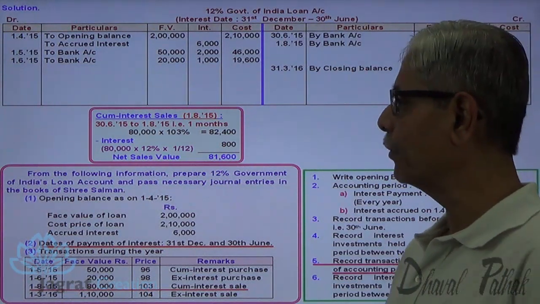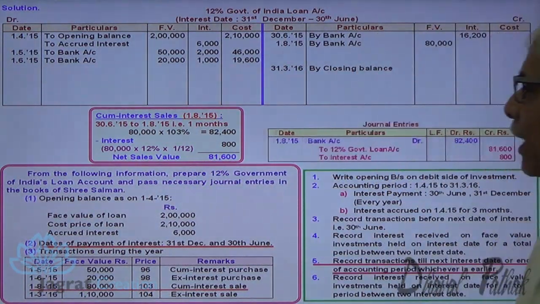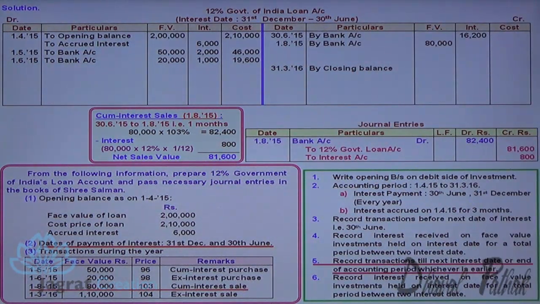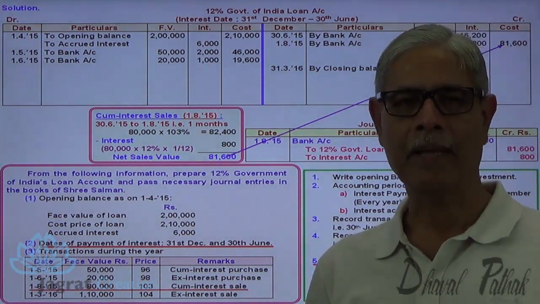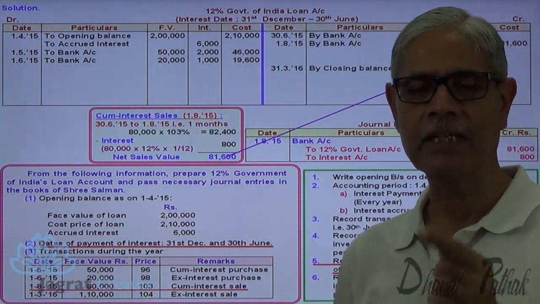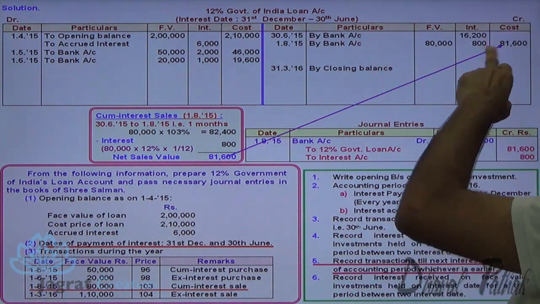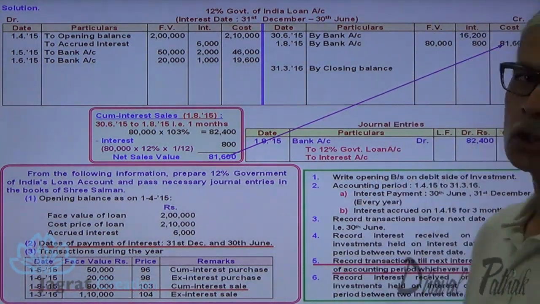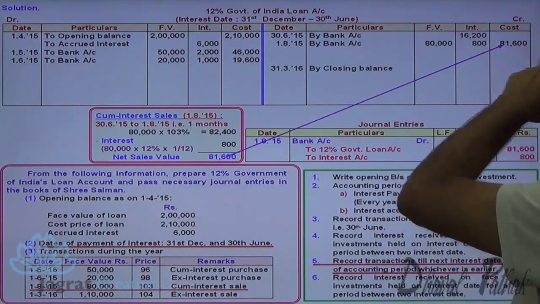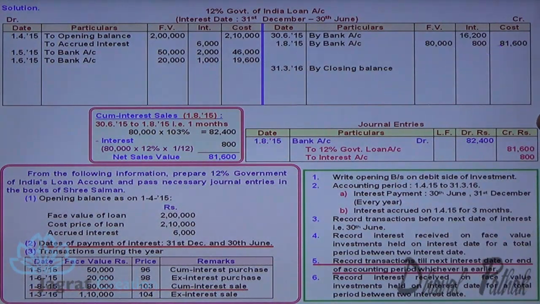The journal entry for that is bank account debit 82,400 to 12% government loan account credit, to interest account credit. This is how the transaction gets recorded. So this is our sale, cash is received, bank account debit, interest received is credited to interest account, and the sales value of the investment is recorded in this cost column. So this is how 81,600 is recorded.